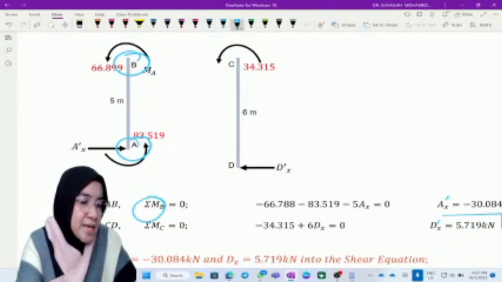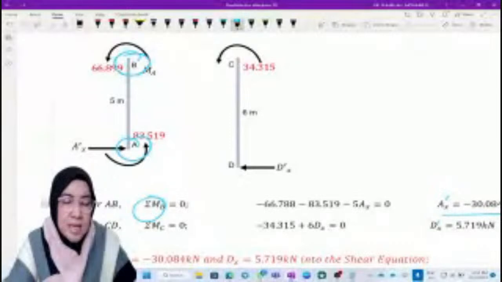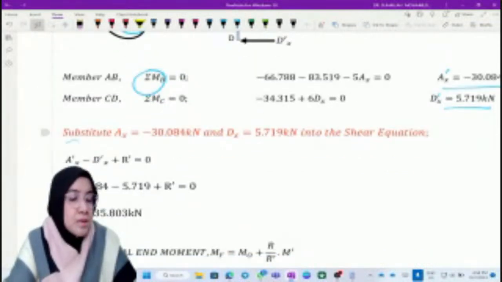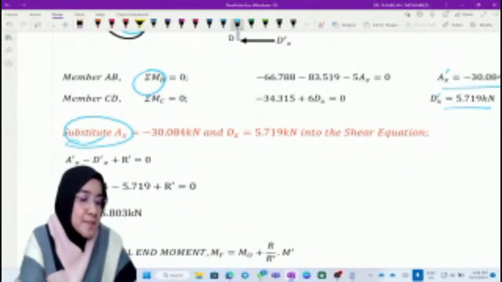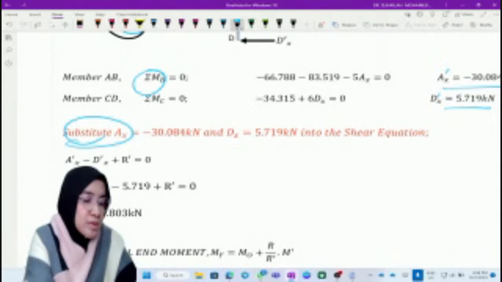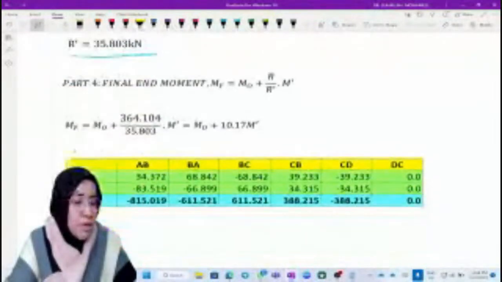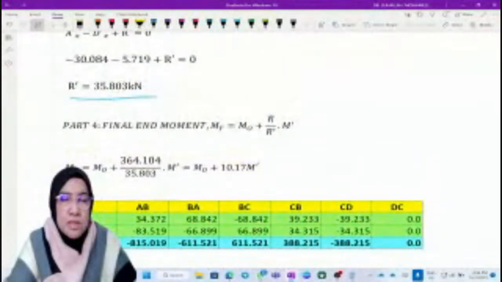So we calculate the D prime X value, this AX and D prime, and substitute into the shear equation. So we get R prime equal to 35.803.